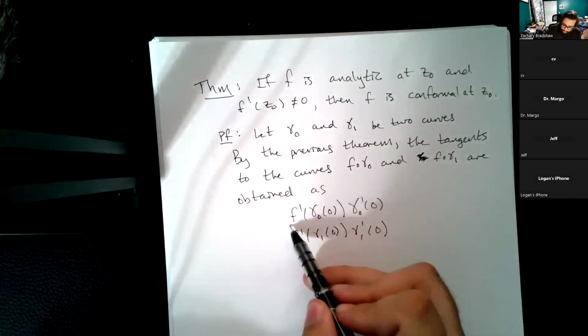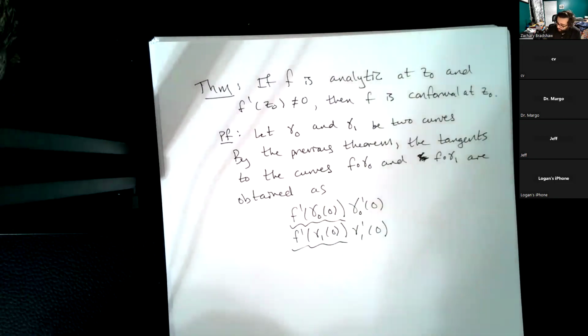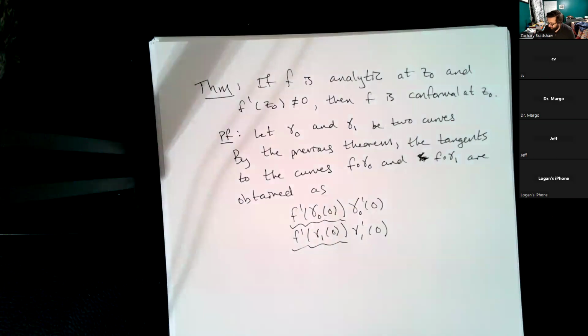So we're just, again, multiplying by this factor, I don't even know what to call it, the derivative of f.